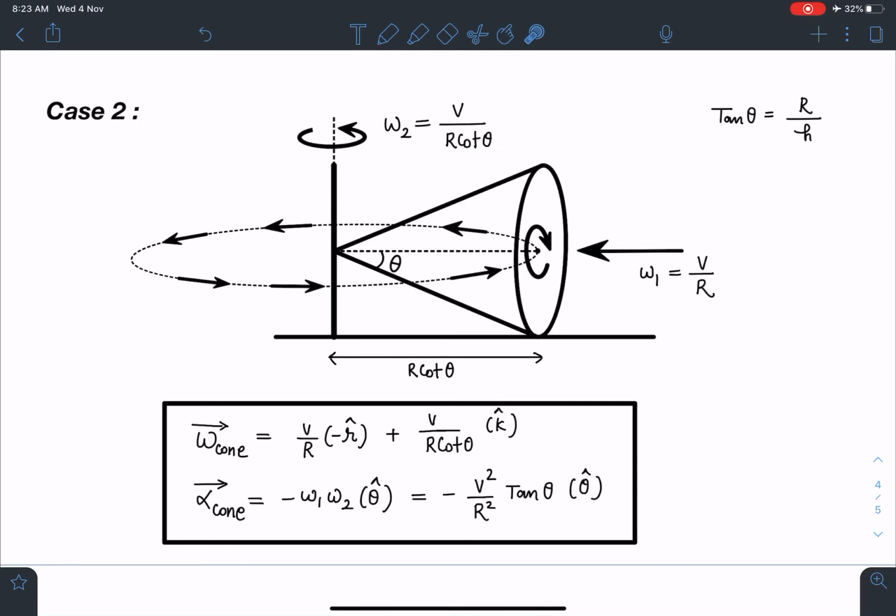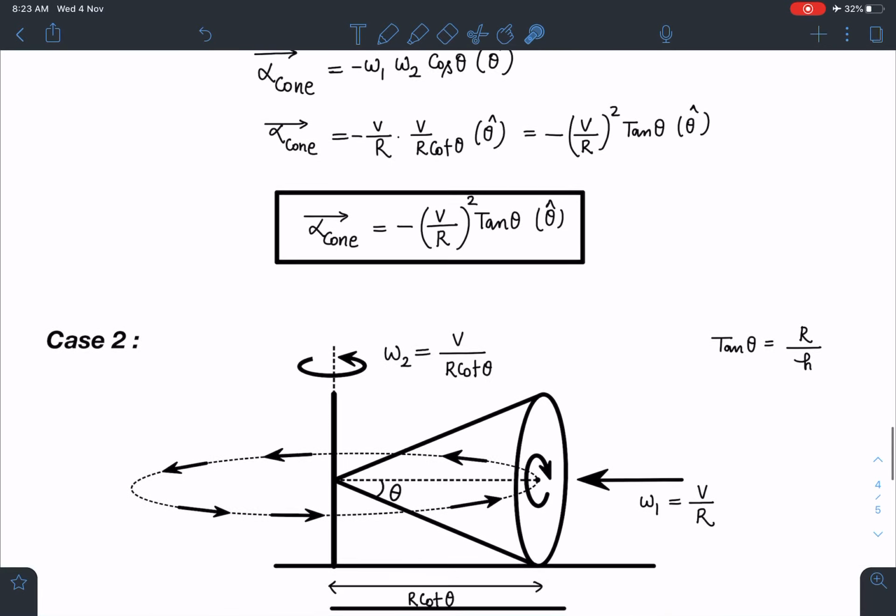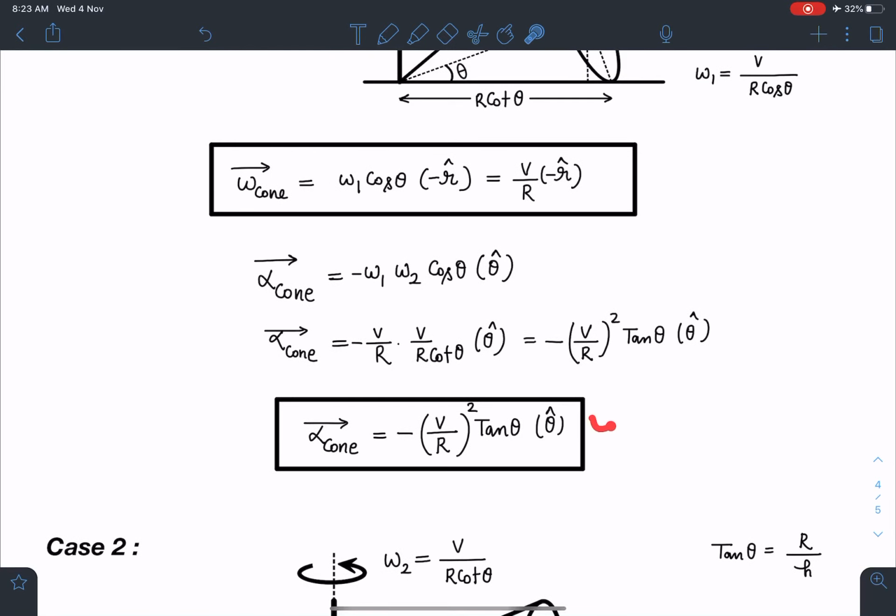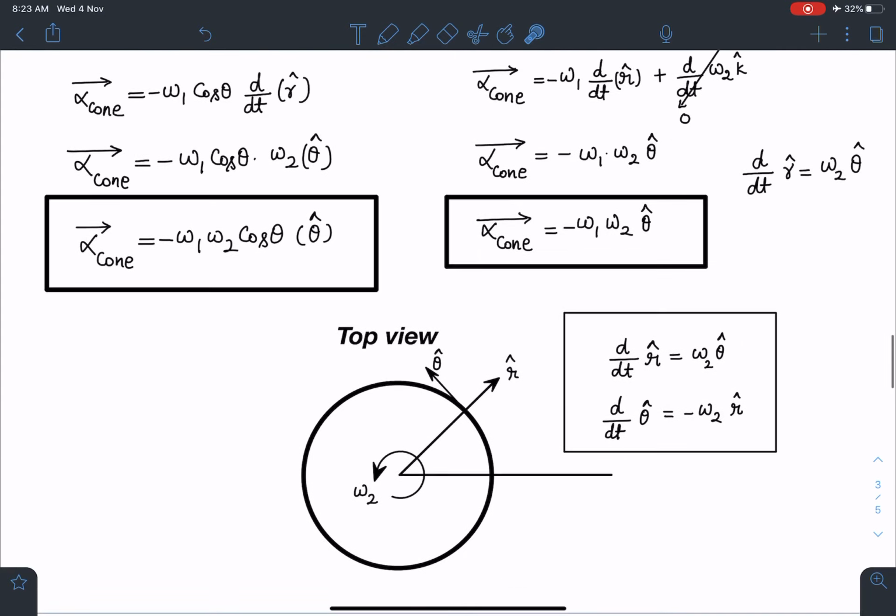So this becomes minus omega 1 omega 2 theta cap. When I substitute the value, I am going to get this answer as minus v square by r square tan theta theta cap. I hope you realize that the angular acceleration in both the situations is turning out to be the same. However, their omegas are different, conditions are different.